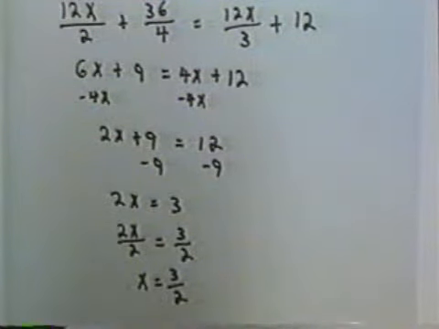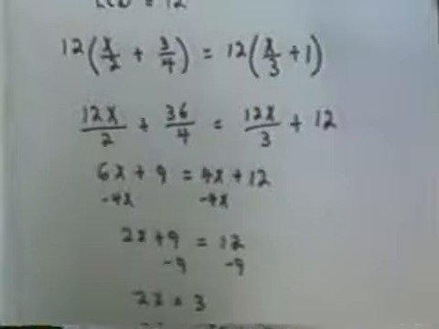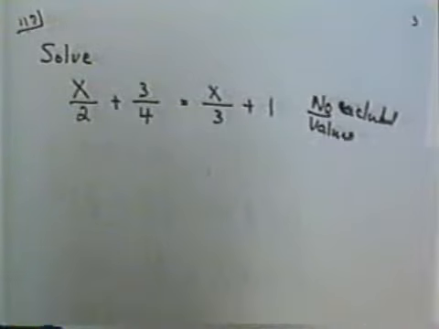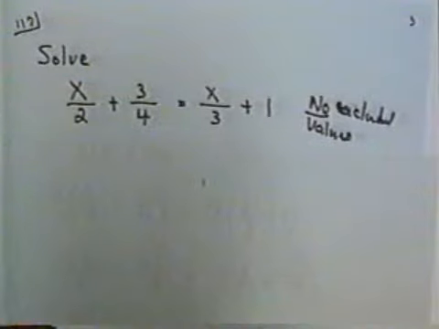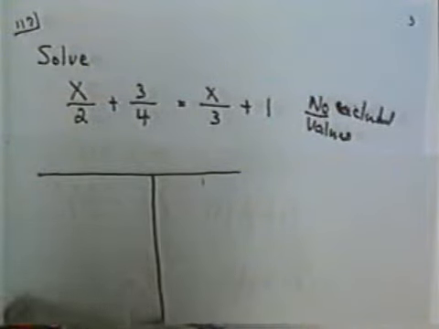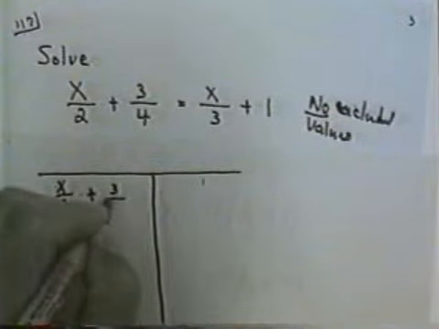Now with this type of equation, the check is not absolutely essential, but strongly recommended. Due to time, I will probably not check most of mine, but I will go back and check this one. So the equation is x over 2 plus 3/4 is equal to x over 3 plus 1. So I'm going to draw my box, and on one side I'm going to put x over 2 plus 3/4.